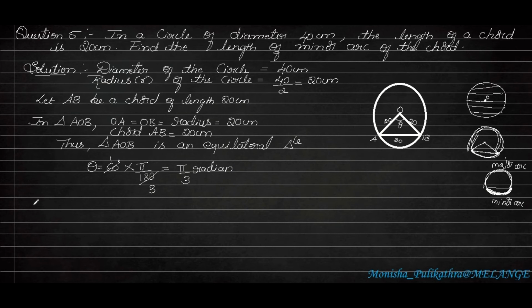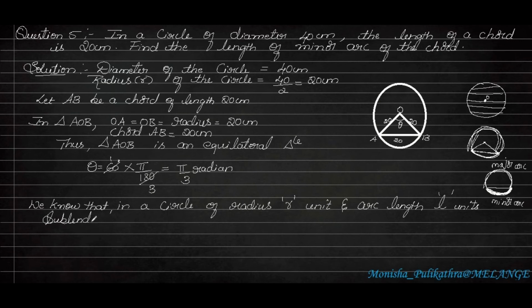So next, what do we have to find out? We know that in a circle of radius r unit, an arc of length L units subtends an angle theta.